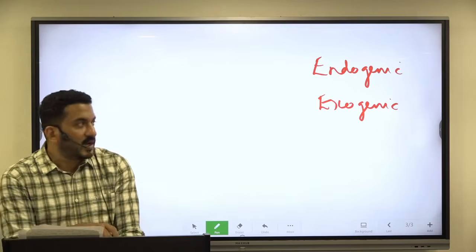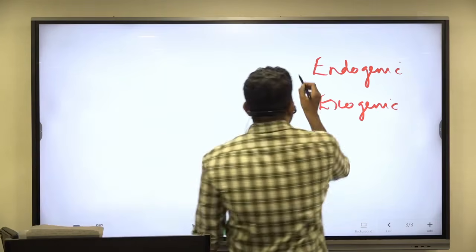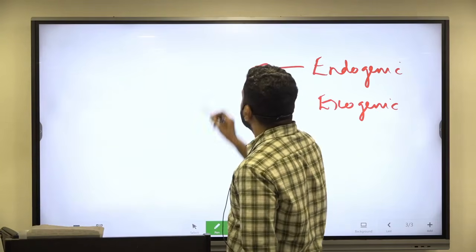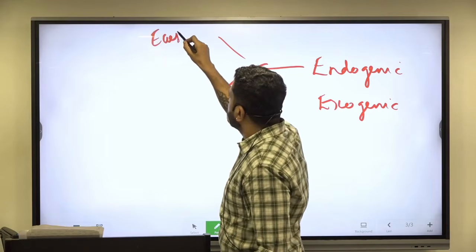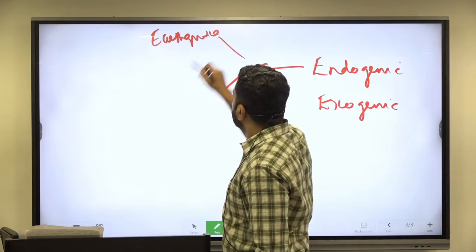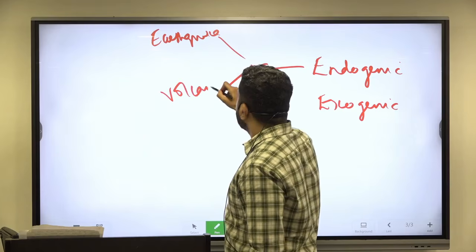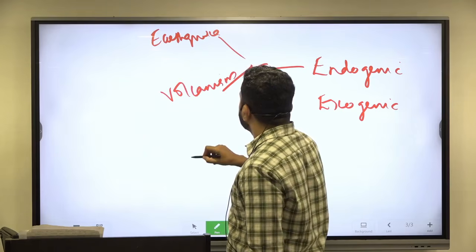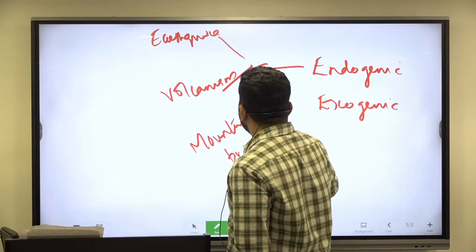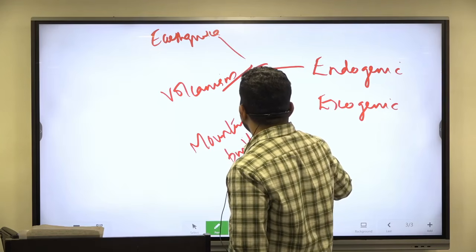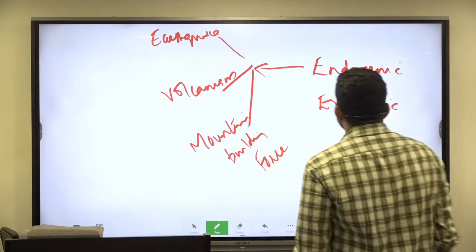So endogenic force means force which originates within the Earth's interior. They are of three types. One is earthquake, two is volcanism, three is mountain building force.